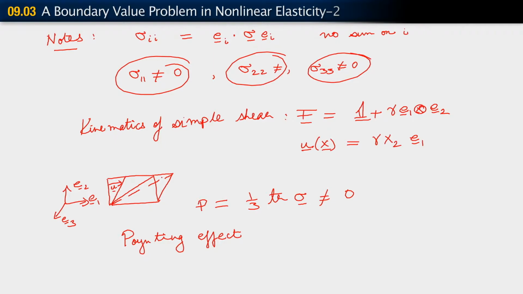When we shear a rectangular block along one of the axes, if gamma is large enough, we do have stretching of fibers. And what this means is that there does indeed develop a traction on that surface.